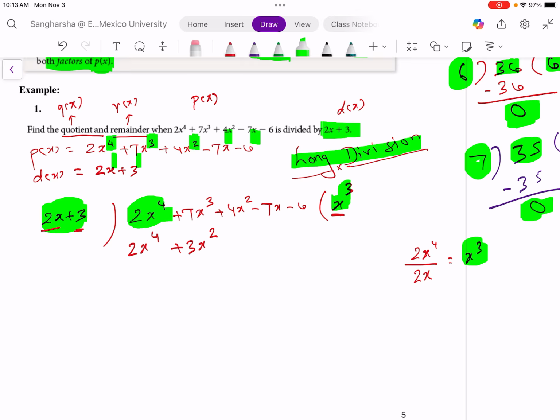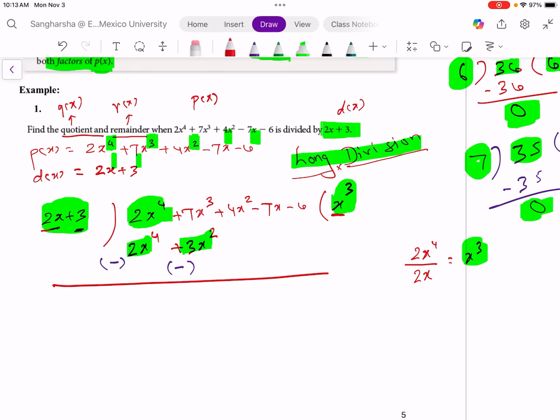You are multiplying this quotient with every term of the divisor. Now in the long division, we have to flip the sign of these two terms. So 2x to the power 4 is positive, we make it negative. 3x squared is also positive, we make it negative.